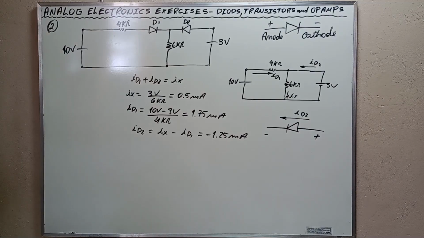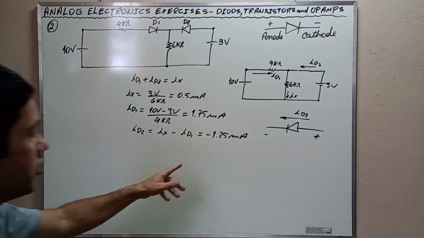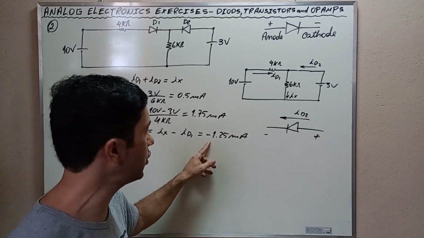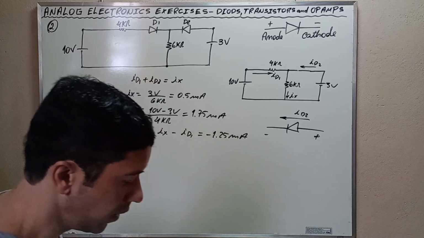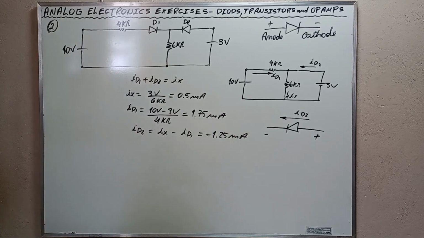In reality, as it is not possible under normal operation, the current must not flow in the opposite direction, then the assumption that D1 is on is true, but the assumption that D2 is on is false.